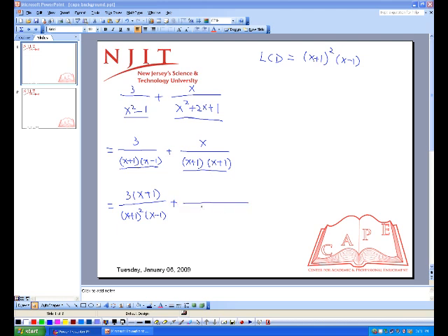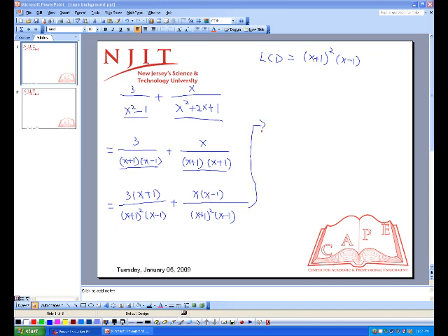Now, the right side is x plus 1 times x plus 1, which is x plus 1 squared. In order to make this into the least common denominator, we have to multiply by x minus 1. That means the bottom becomes the least common denominator, and the numerator we multiply by x minus 1.